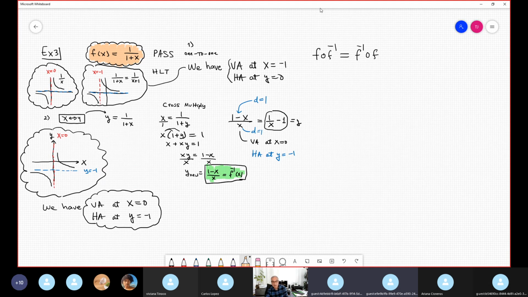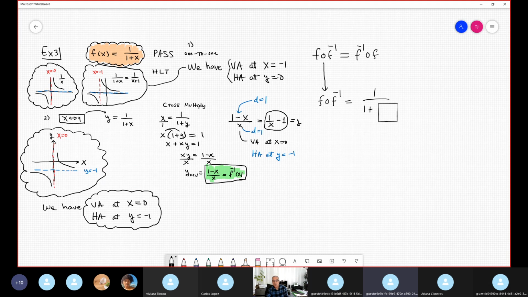Suppose I am doing it in this way. I copy that. F composition F inverse. That means the innermost function is F inverse. So the green goes directly into the orange. This is easy. You copy the orange, the outermost 1 over 1 plus box.